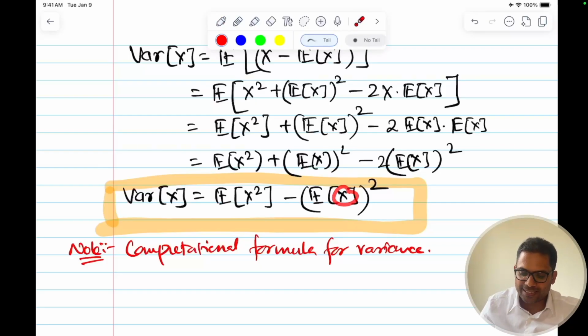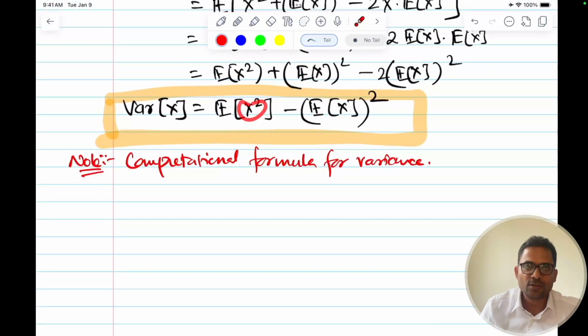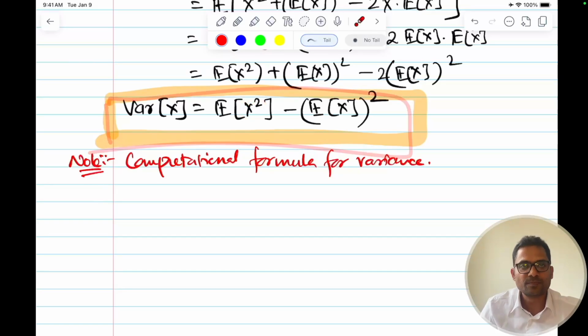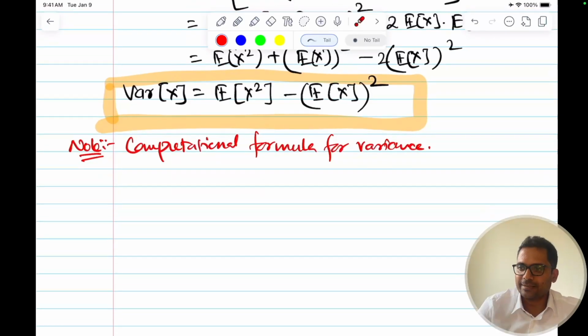Because finding expectation of x is very easy, because when we read the moment generating function next, finding these values is very easy computationally. Instead of going through each and every value, finding these values is simpler. So for computational purposes, we use this expectation formula, and that's why it is important. Okay, I hope that is clear.